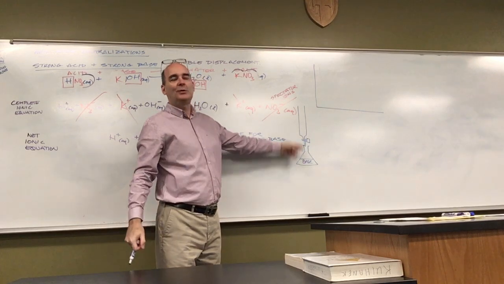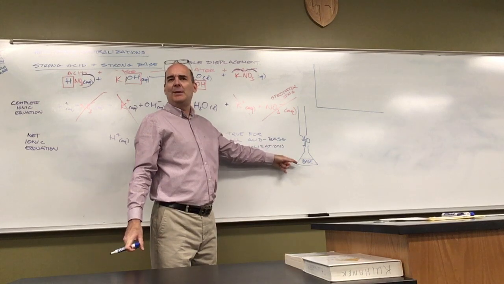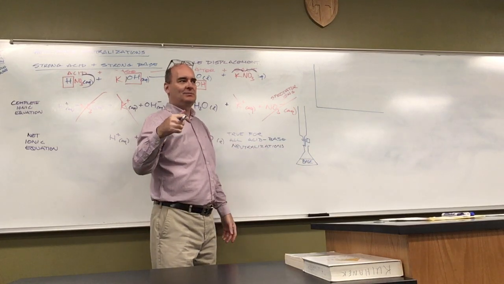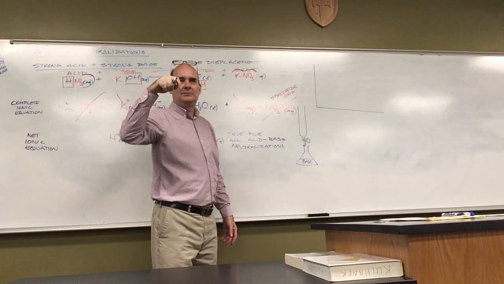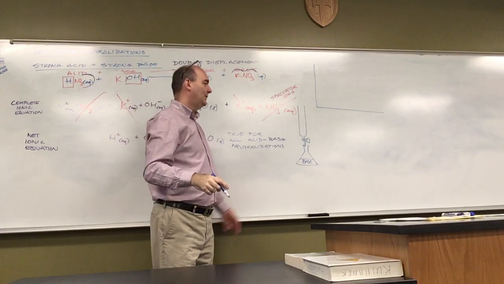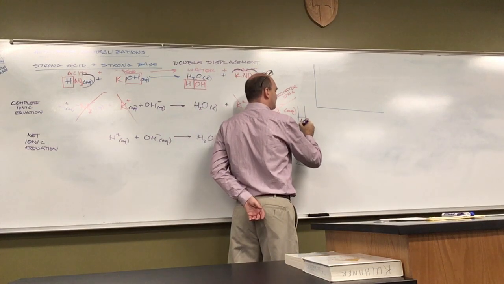You never ever do a titration into a beaker, which we may have done in lab, but there was no picking it up and moving it because we had a stirring station and we had a drop counter. But you normally wouldn't do that. Okay, and then I would put the acid in here.